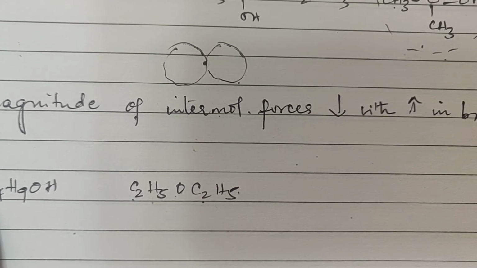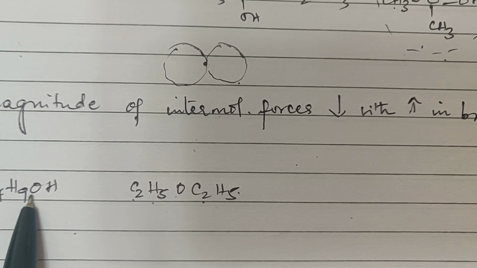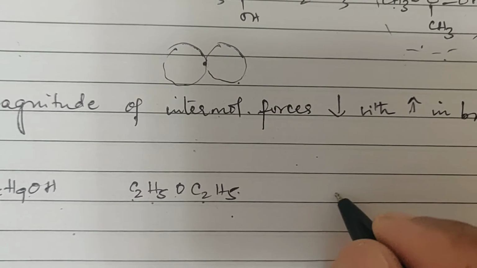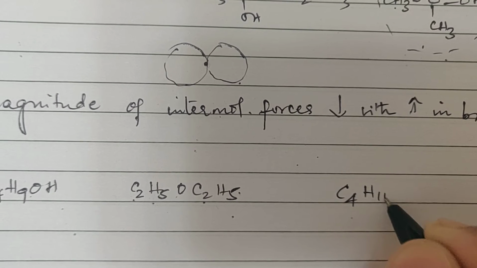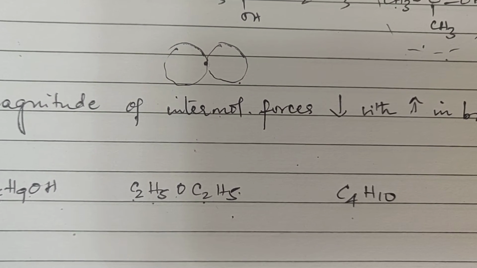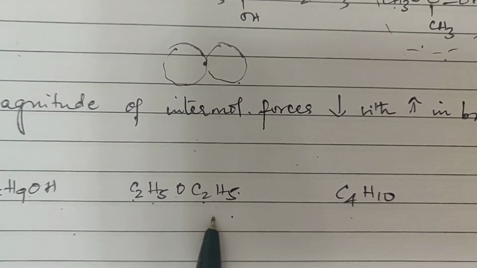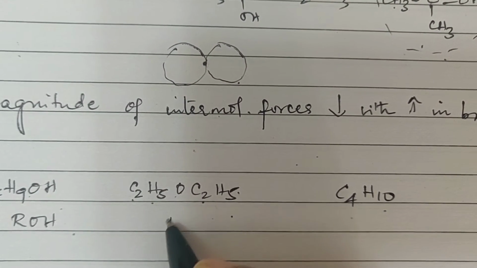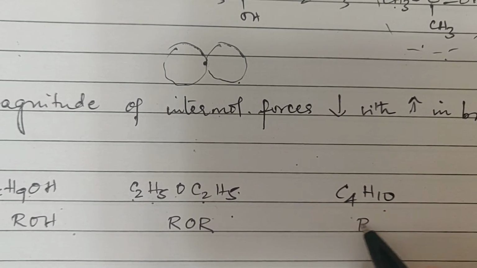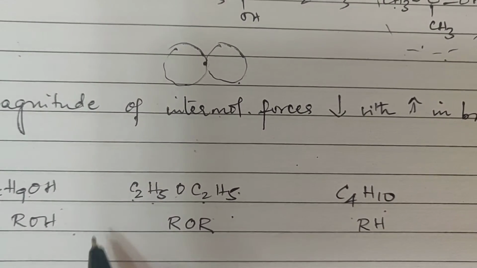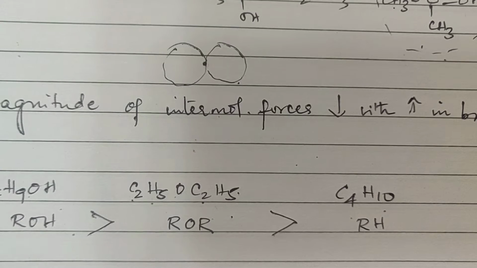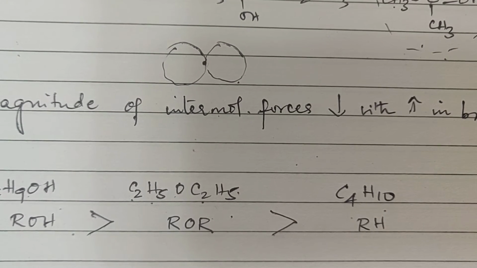Here also you have 4 carbon, 10 hydrogen and 1 oxygen. This is alcohol, this is ether. Right? Now when I consider say C4H10, which is butane, and you consider the boiling point of these three, this is alcohol, this is ether and this is alkane. Now alcohol will have higher boiling point than ether and ether will have higher boiling point than alkane, and the molecular mass is almost the same.